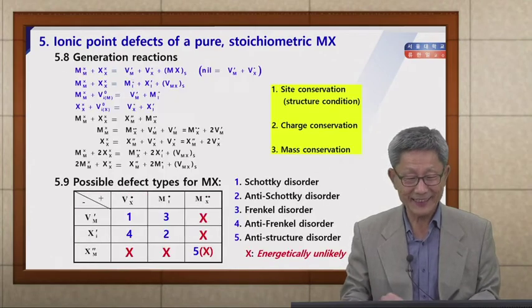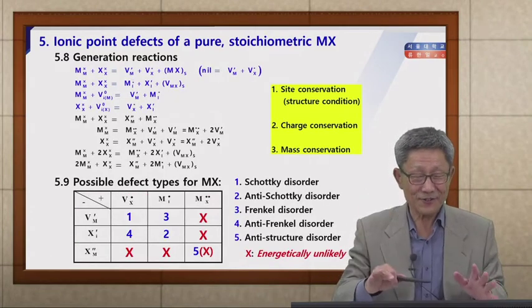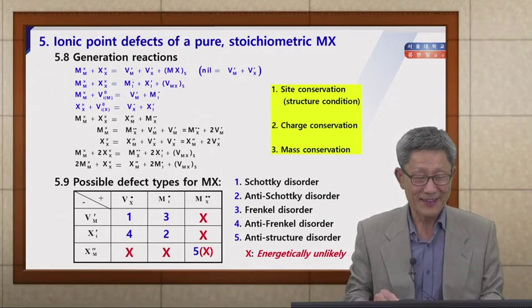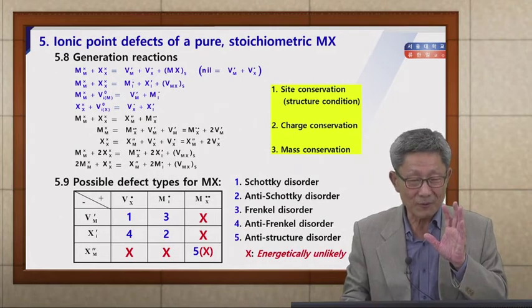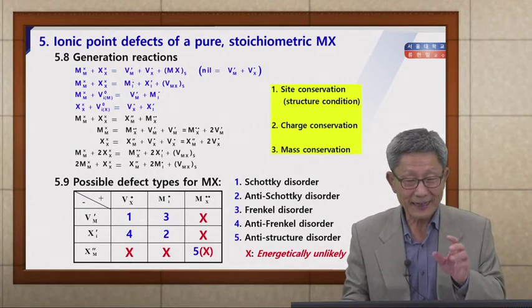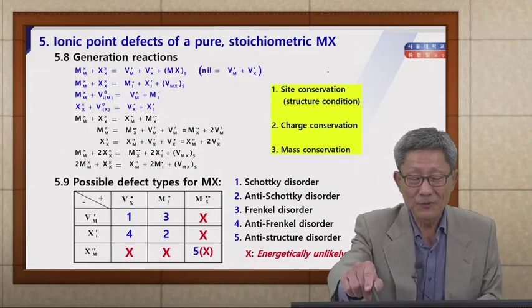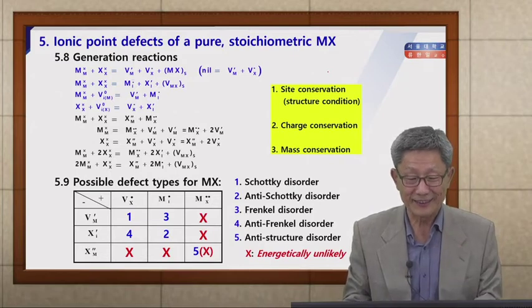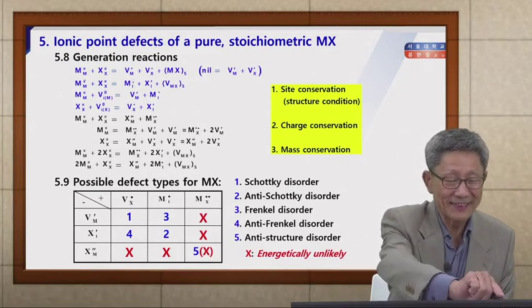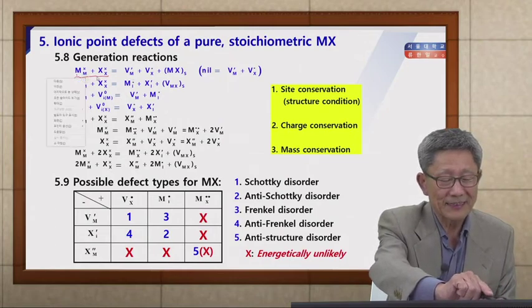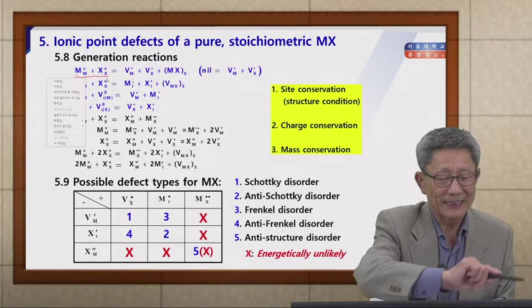How are they generated? Let's just write down the generation reaction equation. What you have to be careful about are those two necessary conditions to be satisfied. Number 1, structure condition. Number 2, charge neutrality condition. Now the ideal crystal is here, M cation sitting on the cation side and anion on the anion side.